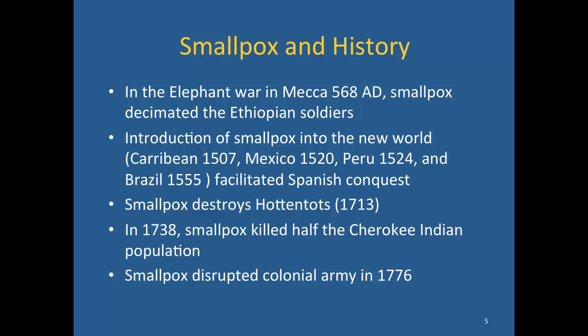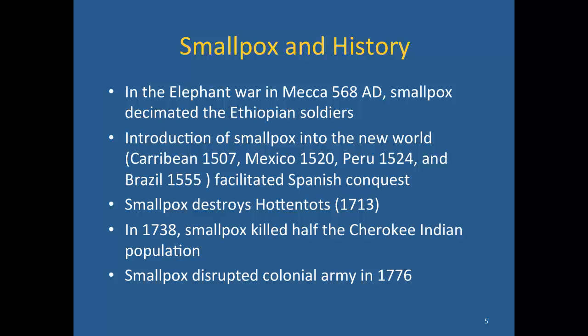The history continues on. You've seen it in Mecca, and in Mexico during the conquests. One interesting thing about smallpox is that even in American history, it disrupted the colonial army. So it has had major effects on the history of the world. Outbreaks have stopped armies from moving forward. There's a great example of smallpox being used as biological warfare, because they knew it was deadly and more or less how it spread.